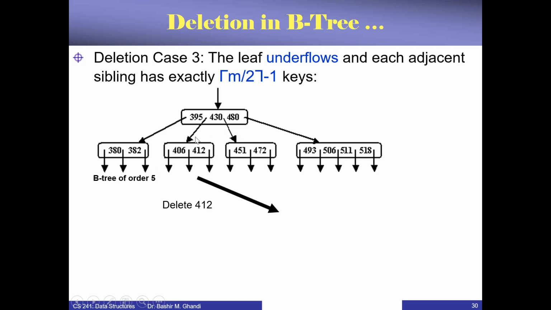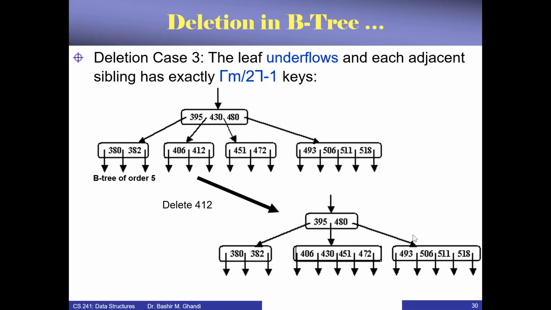So you could merge this with the right along with the common parent 430. Now one thing to observe is that when you do the merging, the new node that you're going to form will be in its maximum state. This is always the case. So make sure when you merge, in this case, because it's order 5, the merge node will have 4 keys, which is the maximum.